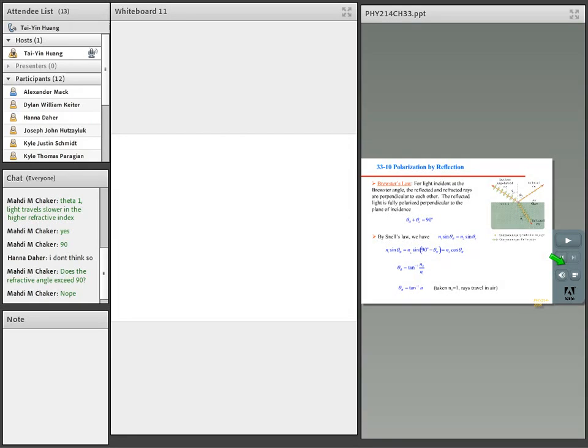Let's say this is the interface. You have two different materials. I'm just going to use n1 and n2, so that you're not limited to air and glass. Let's say this is your n1, this is your n2.